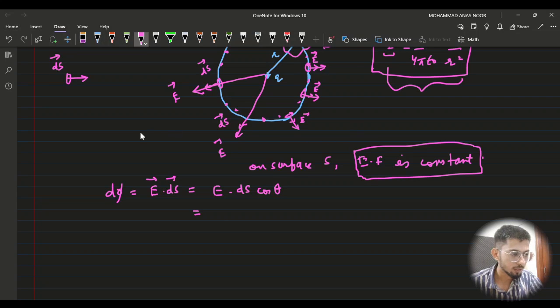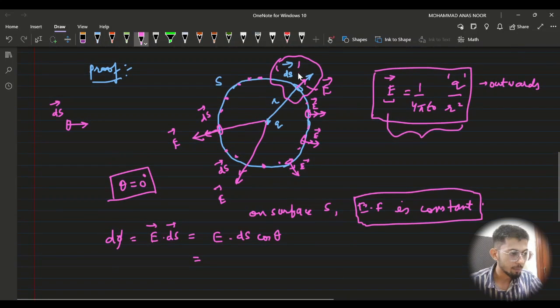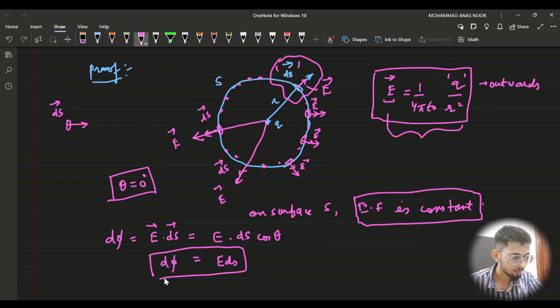Theta is 0 between E and ds at any point on the surface. So effectively this is cos 0, which is 1. So d phi would become E into ds. This is the small flux, d phi due to the small surface.